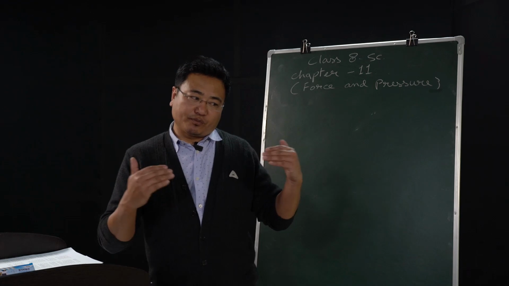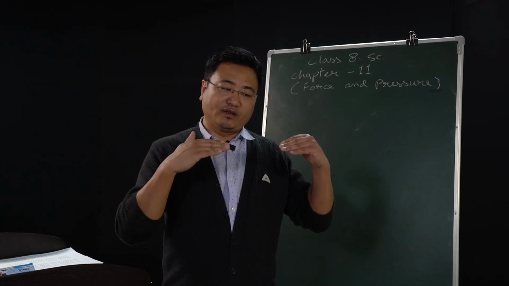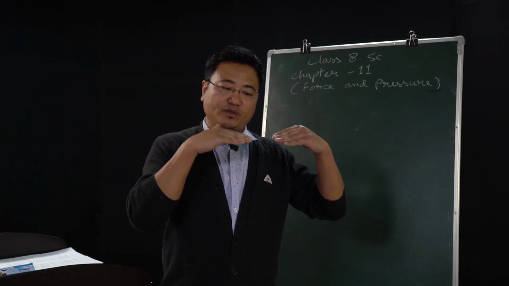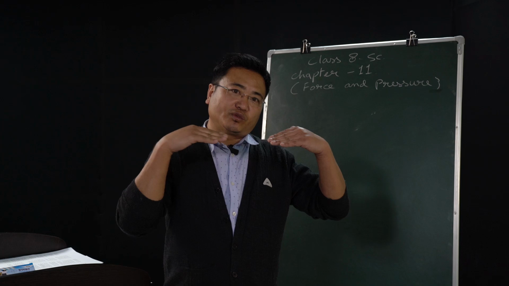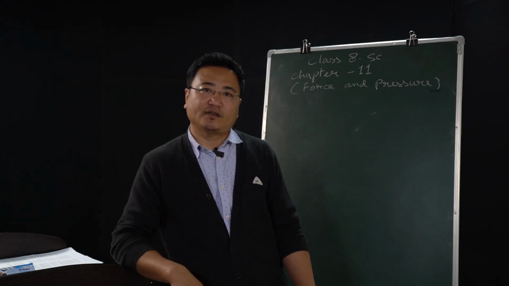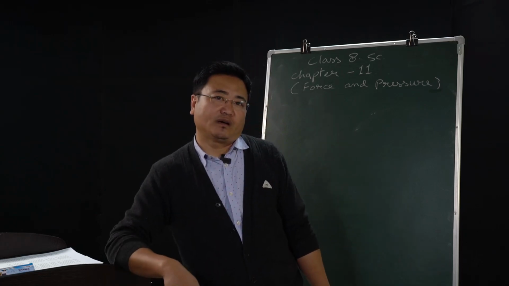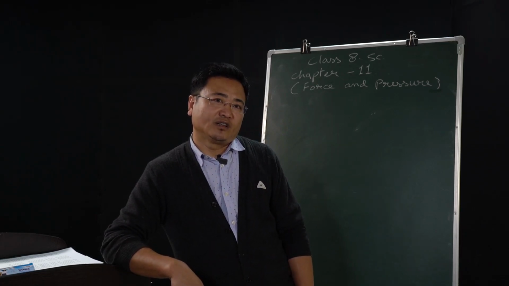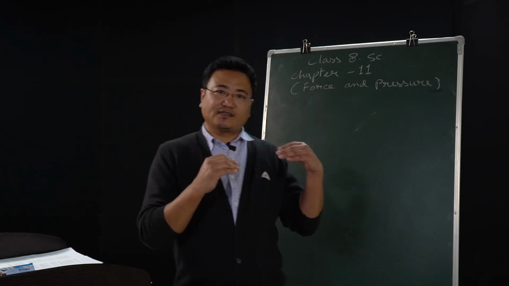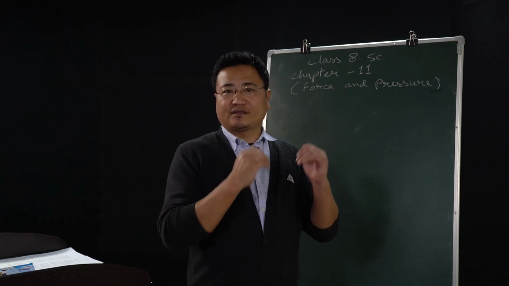And suppose you bring the same poles together, like north and north, then you find that as you bring them closer and closer, the magnets will start to push each other away, because the same poles of a magnet repel each other. So in this case, the magnets are not touching each other.